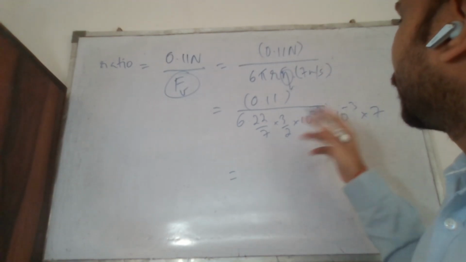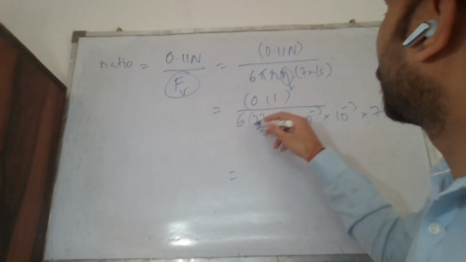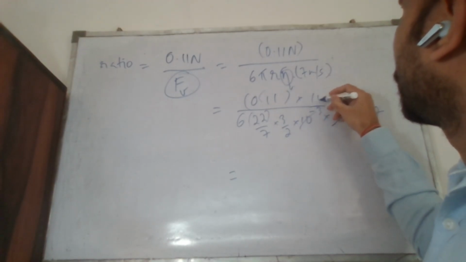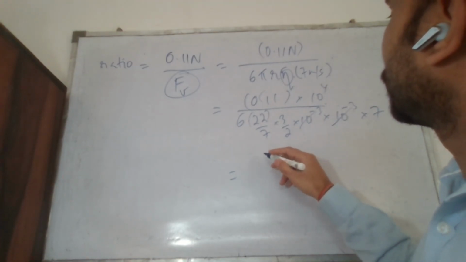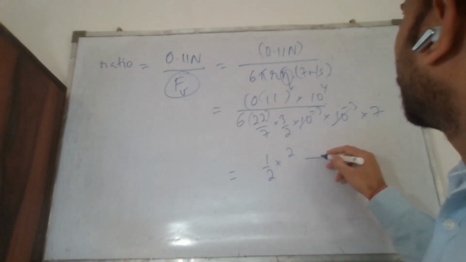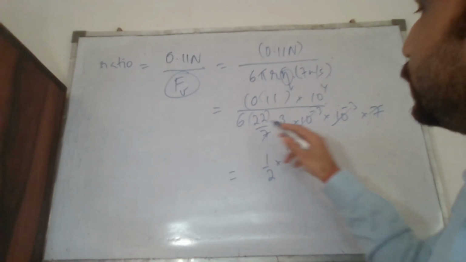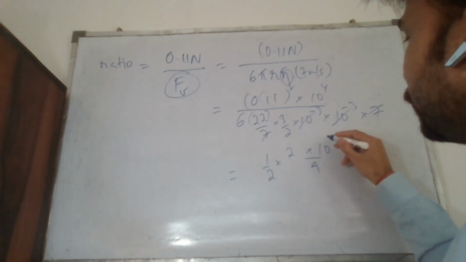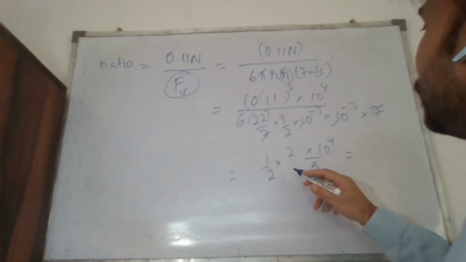So again, let's see what this value is coming out to be. This is 1 by 2 into 2, into 3 into 3, that would be 9 into 10 to the power 4. And there would be one more 2 as well.